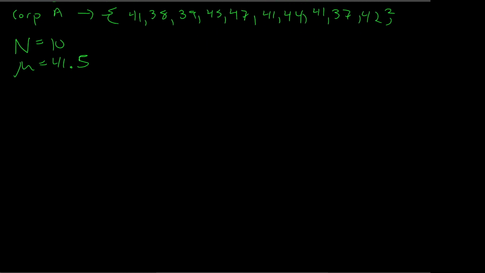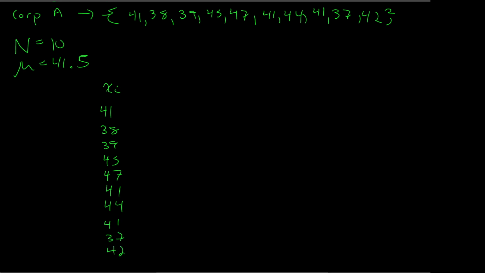So the best way to do that is to make a table. So I'll make a table of my x sub i's, which is each piece of data. All right, 41, 38, 39, 45, 47, 41, 44, 41, 37, and 42.